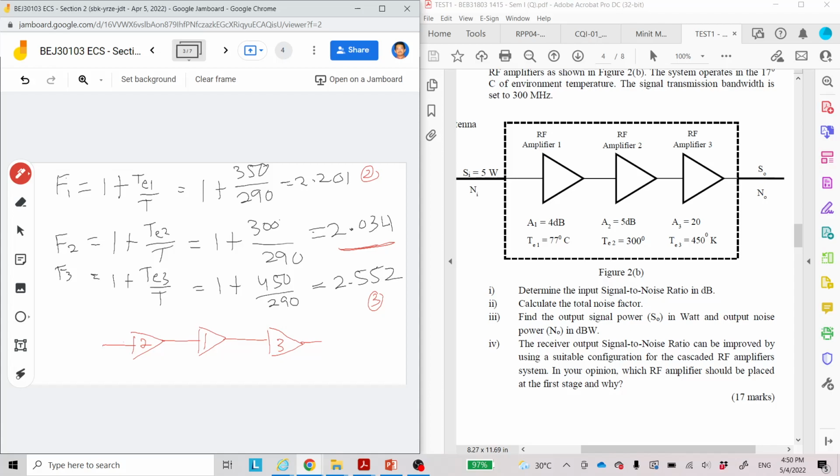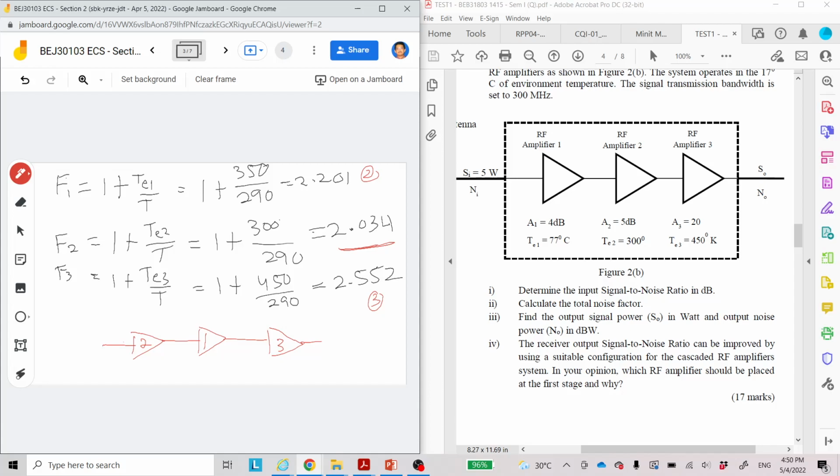Based on previous experience, students tend to choose amplifiers with the highest gain, which is incorrect. So you need to choose the amplifier with the least noise factor.